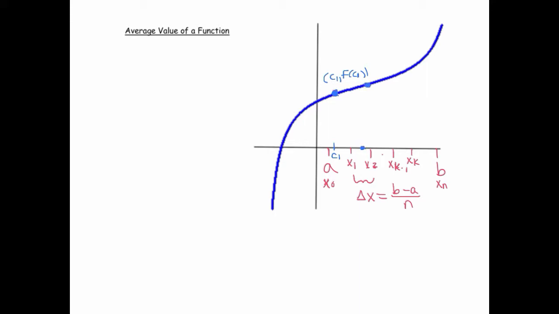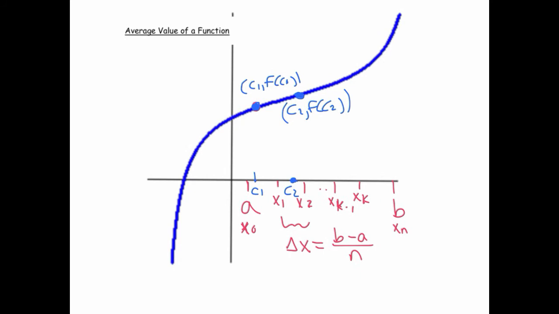That point there would be C2, f of C2. Etc. So then this interval we'd have, let's call that Ck. So its y value would be f of C sub k. And of course the very last one would be C sub n, f of C sub n.